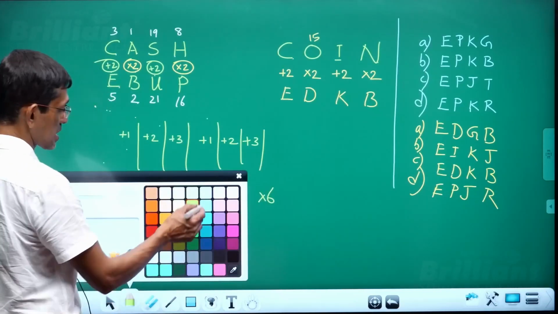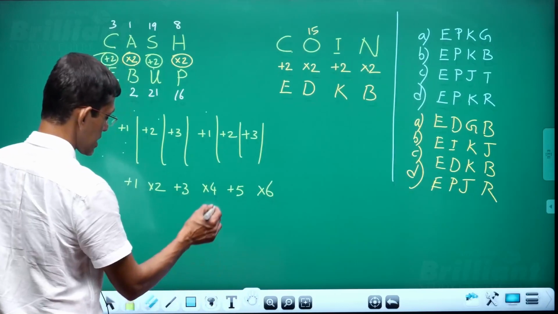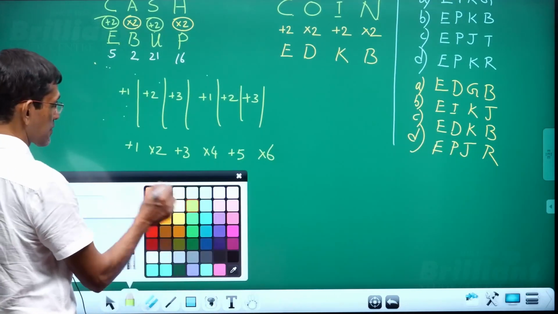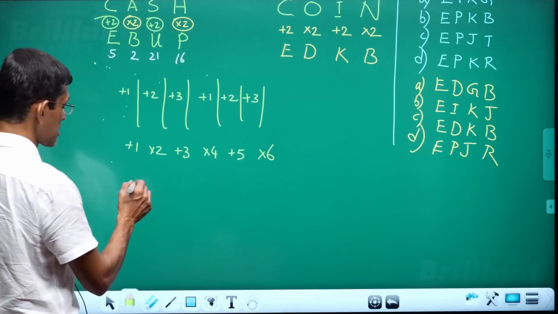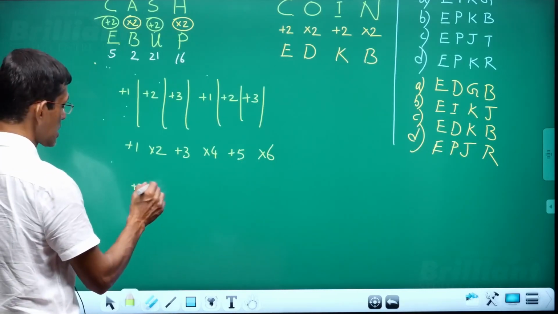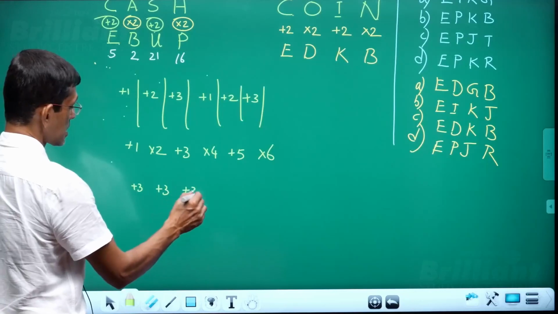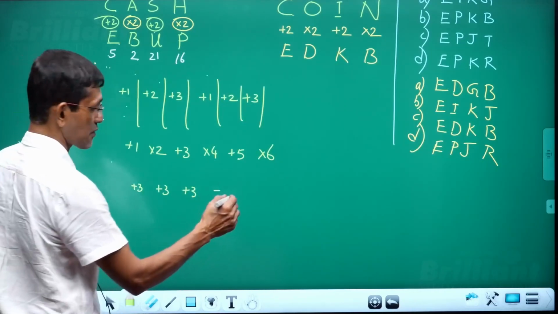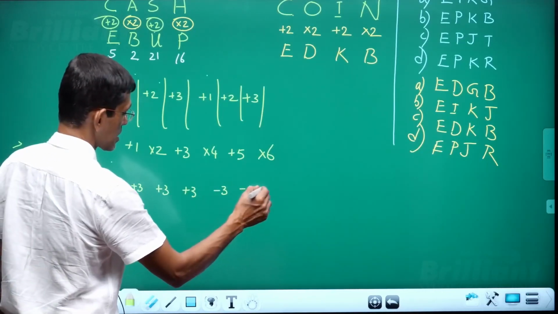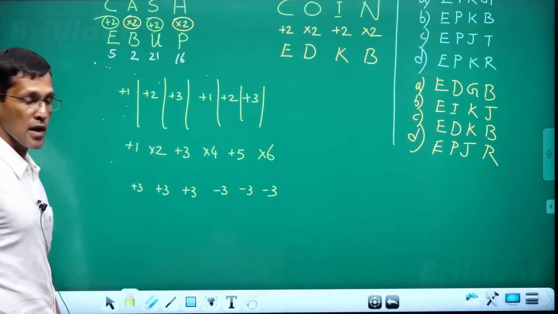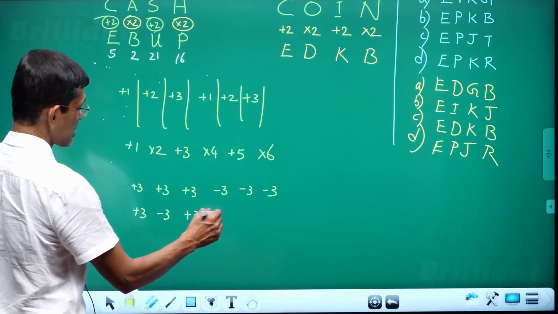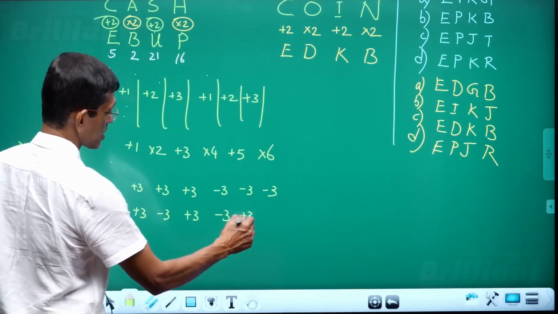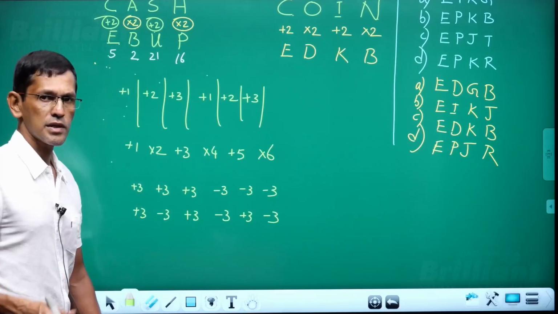Sometimes, as in previous patterns you probably remember, we have done plus 1, plus 1, plus 1, then minus 1, minus 1, minus 1. Similar to that, we may have plus 3, plus 3, plus 3, then if it is a 6-letter word, minus 3, minus 3, minus 3. Or it could be plus 3, minus 3, plus 3, minus 3, plus 3, minus 3, all these patterns.